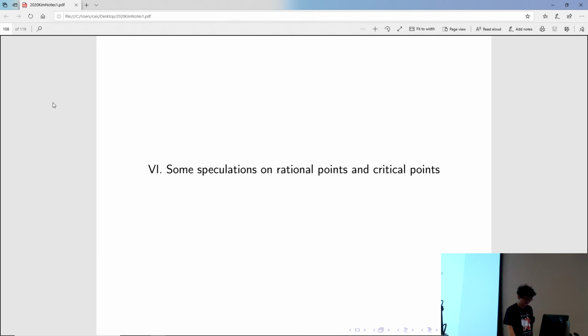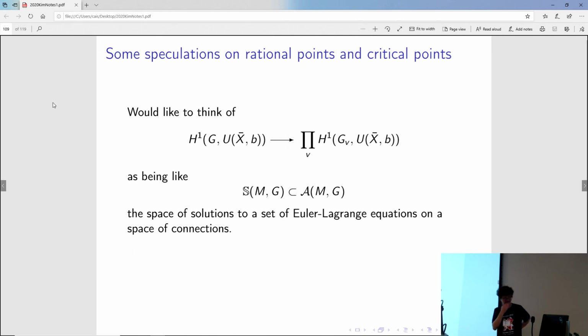So I've been thinking a lot about the relationship between rational points and critical points. Critical points meaning critical points of functions. Well, what do I mean? Well, you see, I've said that there's this central problem of understanding the local to global principle for principal bundles.